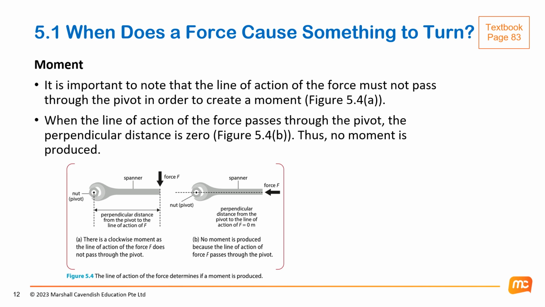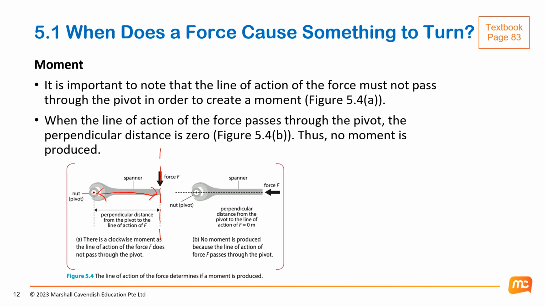So in this first example A here, our line of action of this force is going to be a dotted line like this. I'm simply extending this line, and that perpendicular distance is between that of the pivot, which is the nut over here, denoted by this point, to the line.